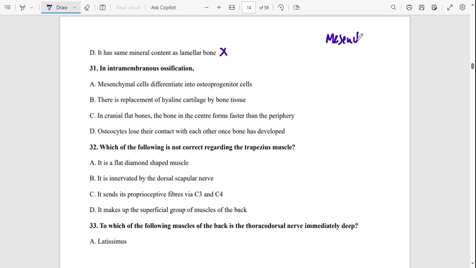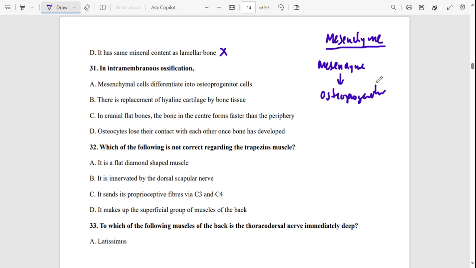It's different from endochondral, where bone develops from already present cartilage. So what are the steps? The first thing is that you are going to have the mesenchyme. Mesenchyme is just embryonic tissue. This mesenchyme is going to differentiate and give you osteoprogenitor cells.